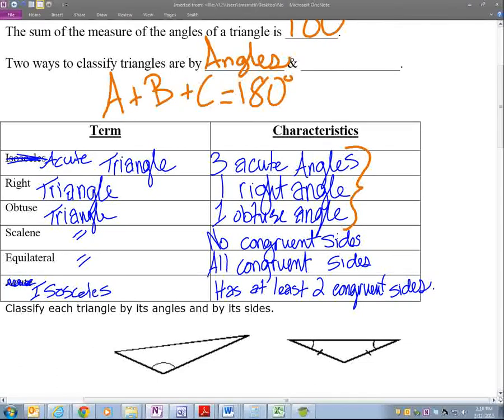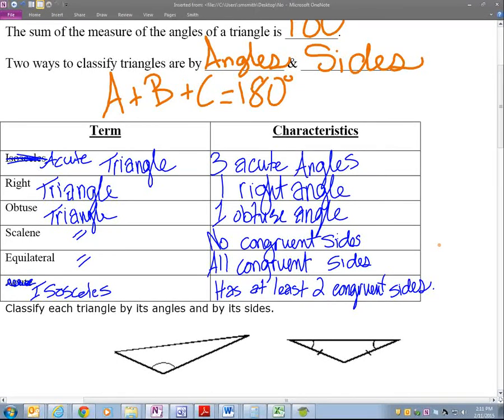Angels don't classify triangles. They have other things to take care of. The angels' angles. Okay? Then there's another one, which is going to be these three. Sides. They're identified by sides and angles.